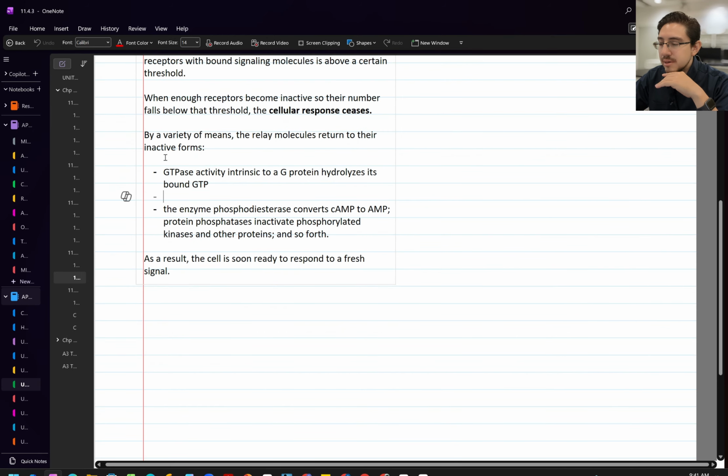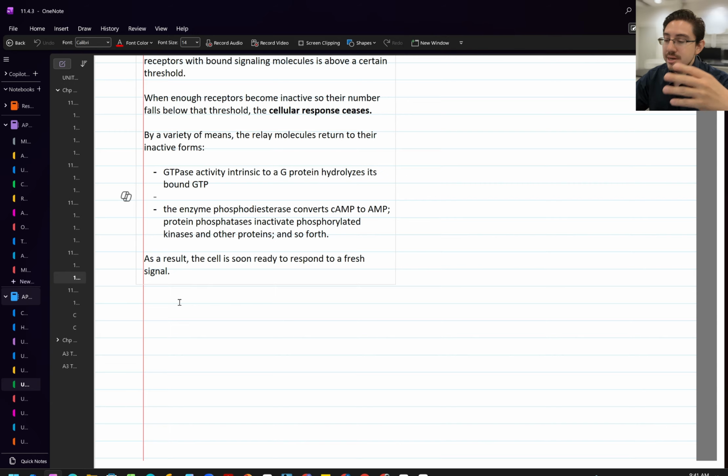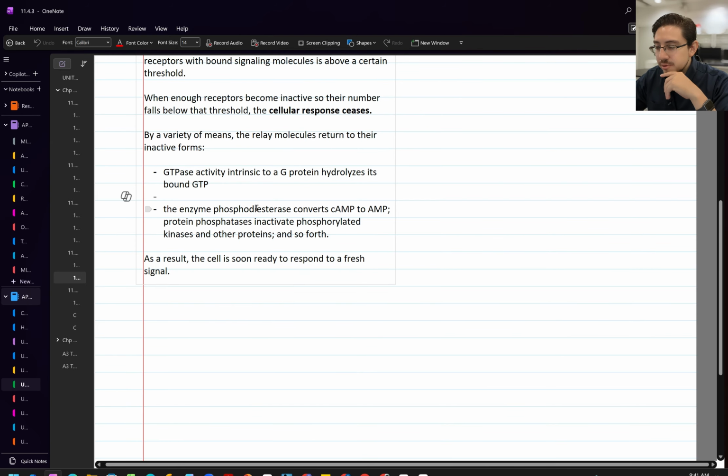So, you have all these molecules going back to their inactive forms. G proteins will hydrolyze the GTP to GDP. Phosphodiesterases will convert cyclic AMP to AMP.